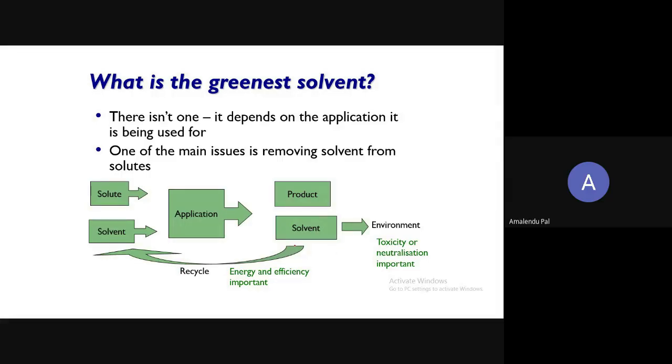But if we recycle, we also have to consider energy and efficiency, whether it is viable or not. That is also very important. If it is recycled, we can use the solvent again with the solute, apply it again, and get the product. Recycling is better than throwing it to the environment.